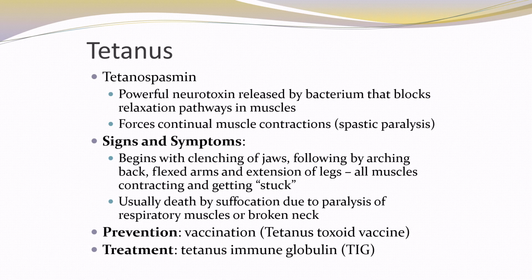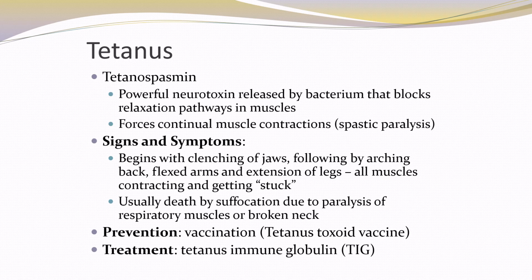Very important. This spastic paralysis is going to be like clenching. The muscles contract really hard, very forceful, continual muscle contractions. Spastic paralysis. When you think of paralysis, you probably think of a limp paralysis. This is not that. Botulism will be, tetanus is spastic paralysis, muscle clenching.